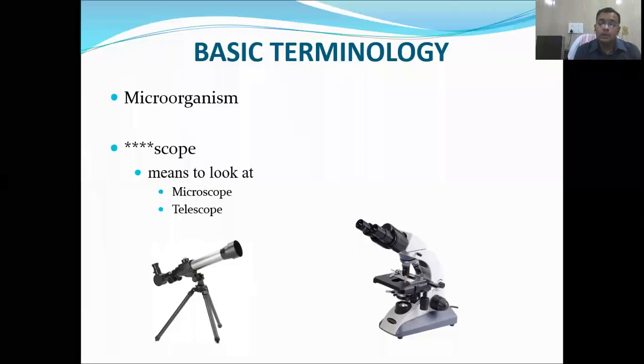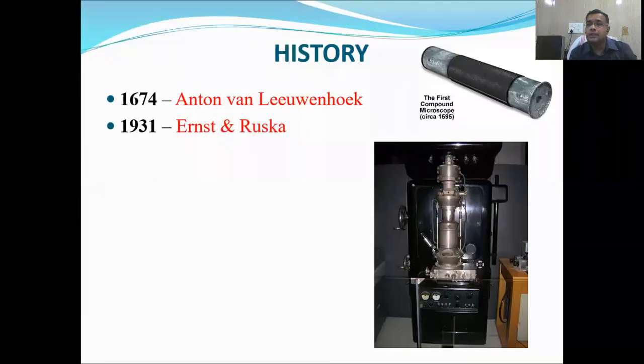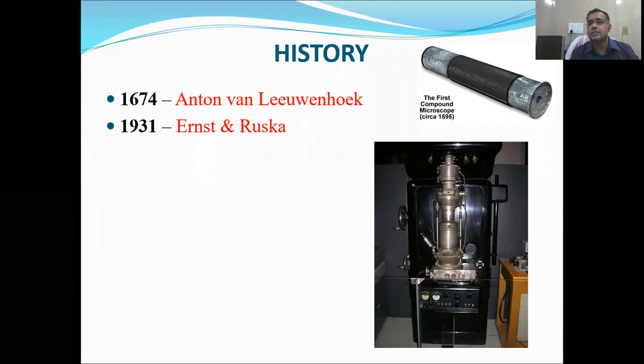Now coming to the next, that is the history. Sir might have already covered the history. There are two important scientists you have to remember, from an exam point of view as well as for your knowledge. One is Leeuwenhoek, in the 16th century. He was a glass maker.